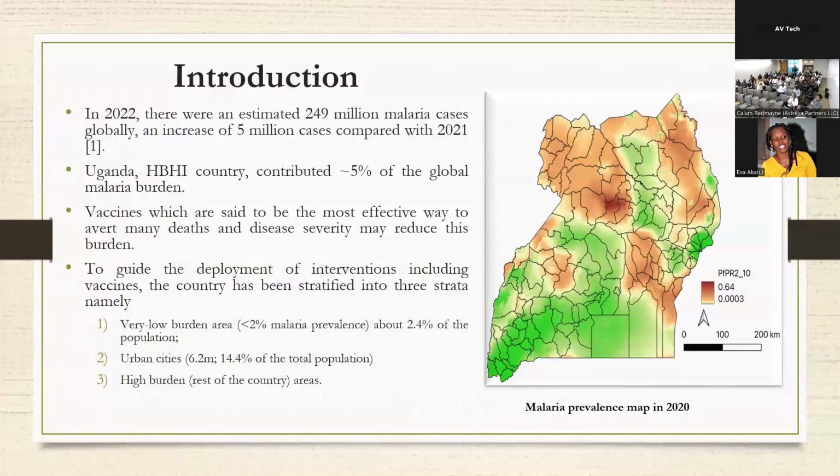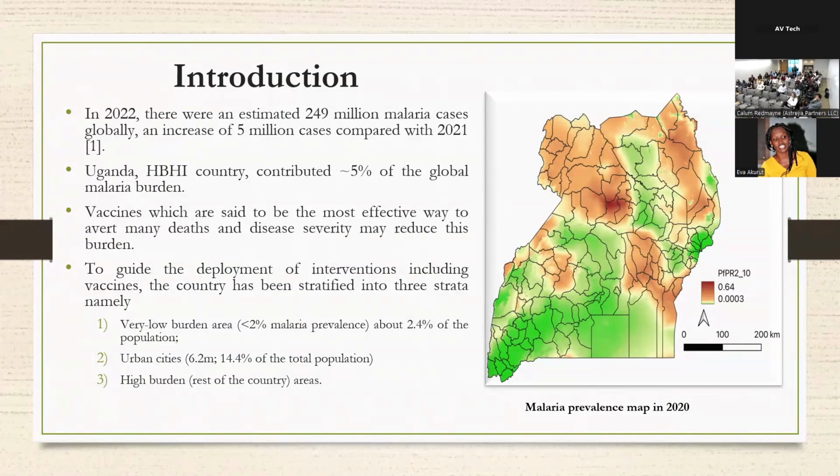So in 2022, there were an estimated 249 million malaria cases globally, and this was an increase of 5 million cases compared to 2021. Uganda is known for being a high burden country with a high incidence, and in 2021, they contributed 5% of the global malaria burden.